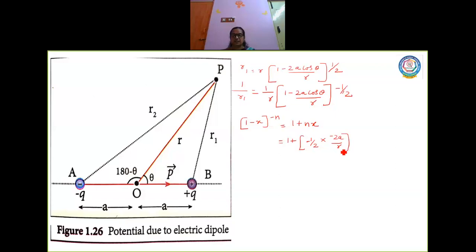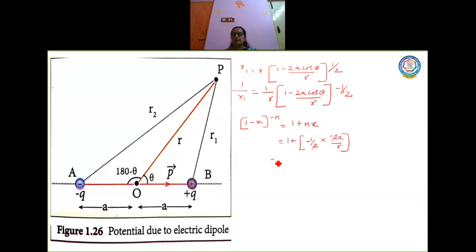When I simplify, the 2 gets cancelled and the minus gets cancelled.